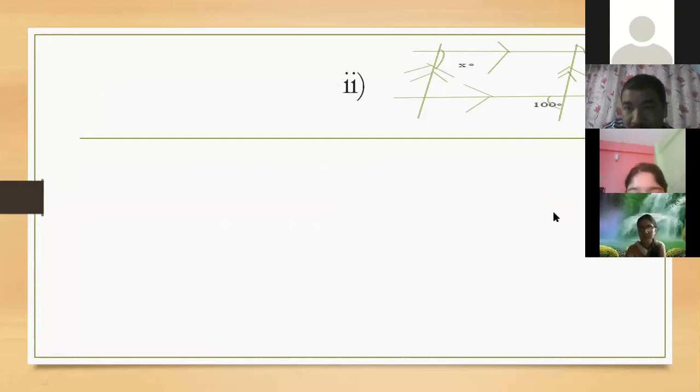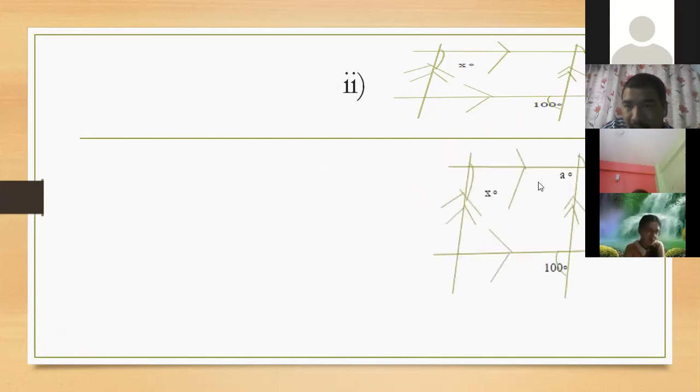Nefisa, can you tell? Y degree and 100 degree are alternate angles. Good. Alternate exterior angles. Then y equals 100 degree.